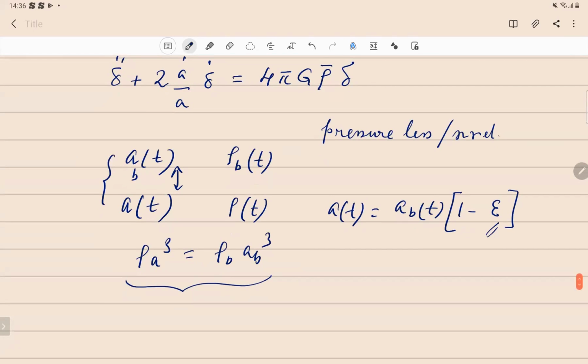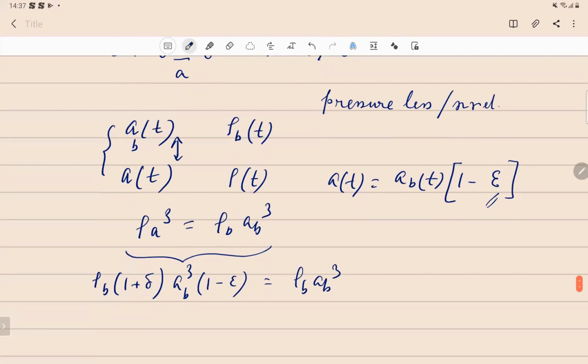That is very easy, because now you can write rho as rho background times 1 plus delta, and A is A background times 1 minus epsilon, cubed, and that is equal to rho background A background cube. So from here you will see that delta will be equal to 3 epsilon.